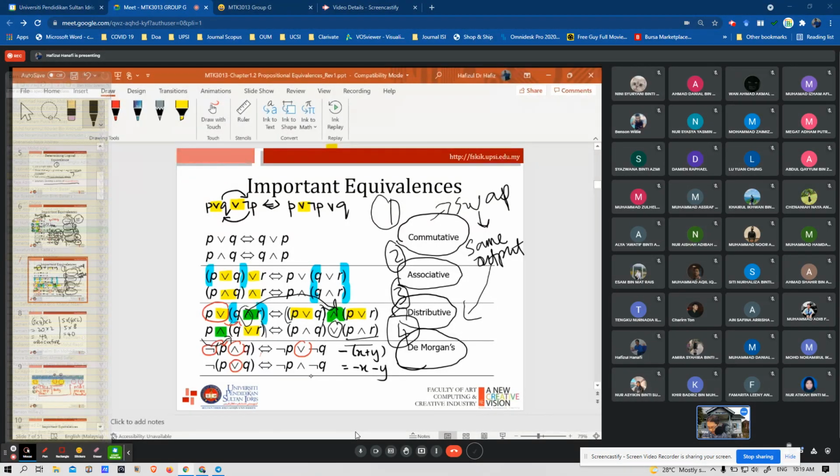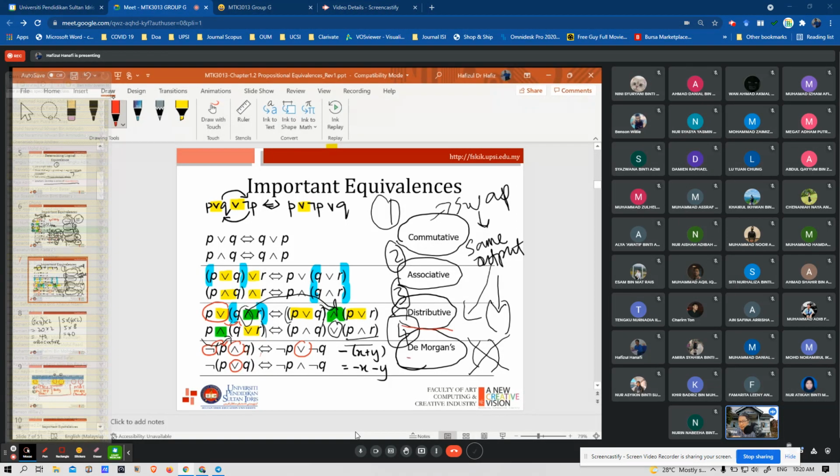Okay, we eliminate the bracket. This one we put the proposition into the bracket.